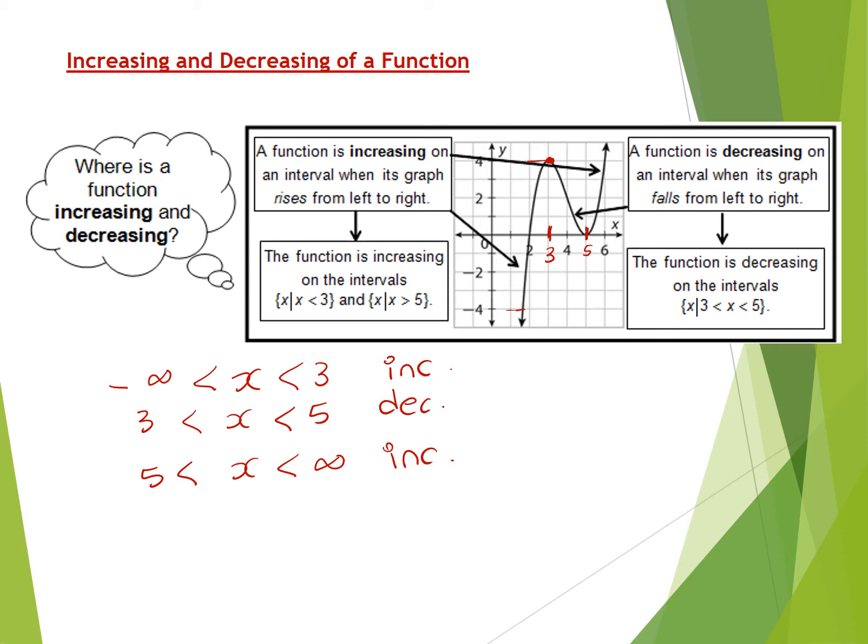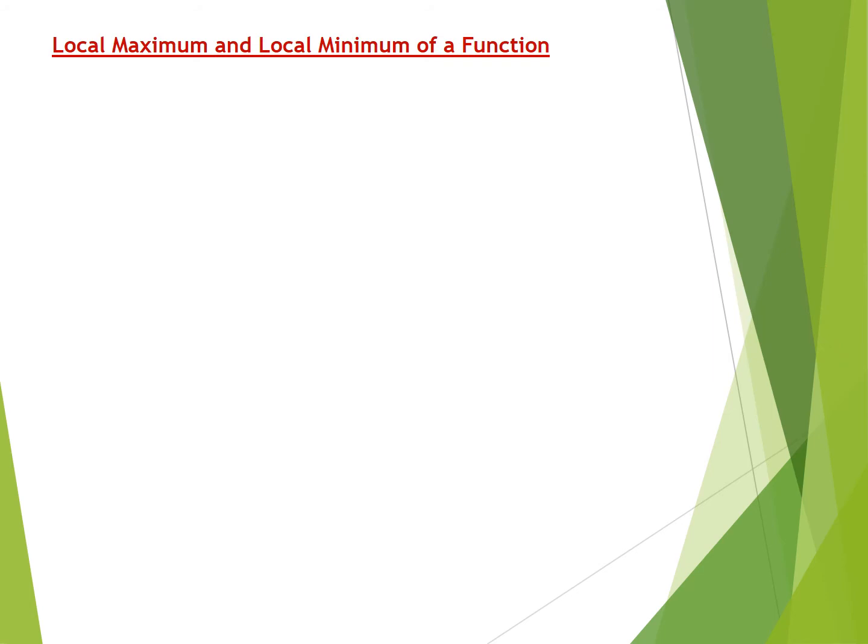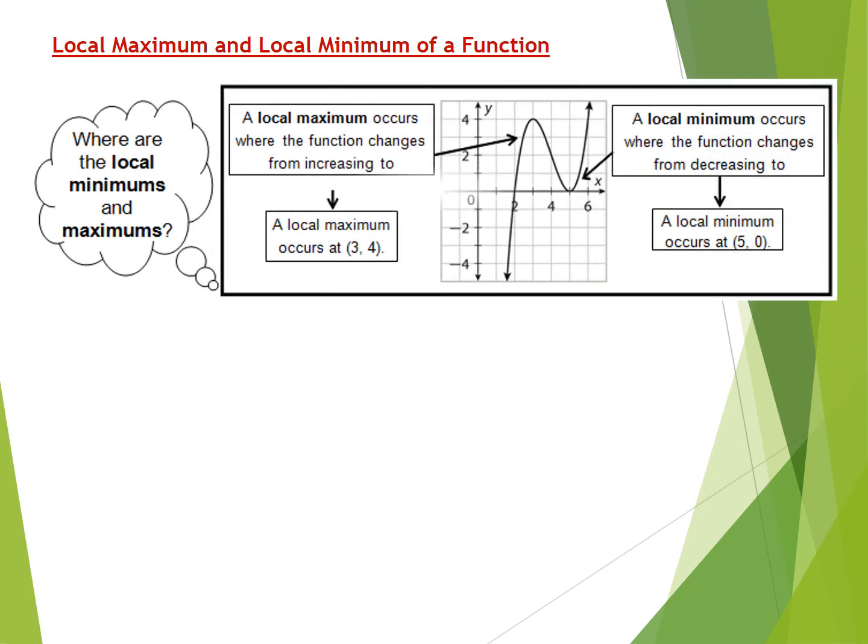So I divided my graph into the parts increasing and decreasing. The last part related to the peaks is the local maximum and local minimum. I have the 2 peaks here. Local maximum is when I'm moving from increasing to decreasing, and the local minimum is when I'm moving from decreasing to increasing, and I read them as a point.